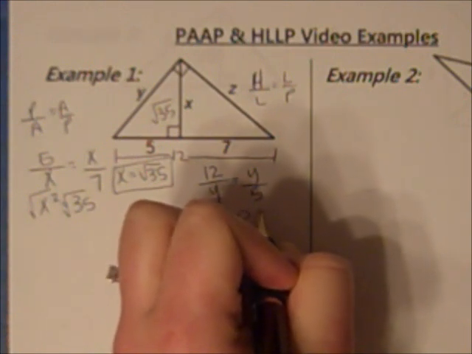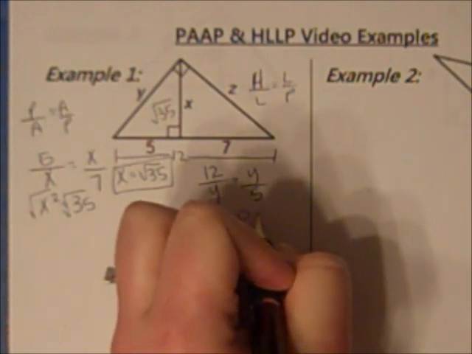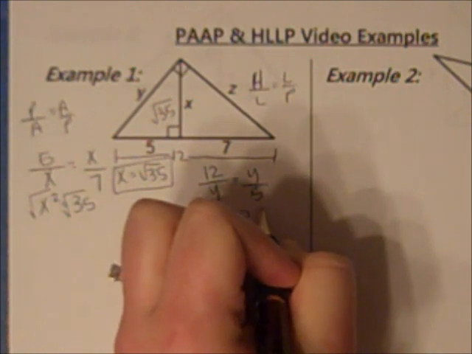I would just call this h. So h over leg is leg over part, and that same leg is 20, and its partner is 10. So hypotenuse to leg, leg to part.